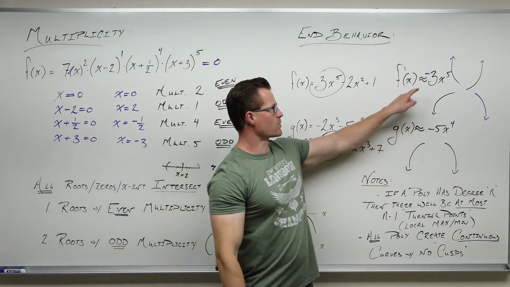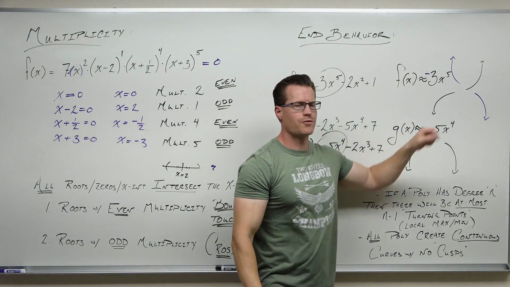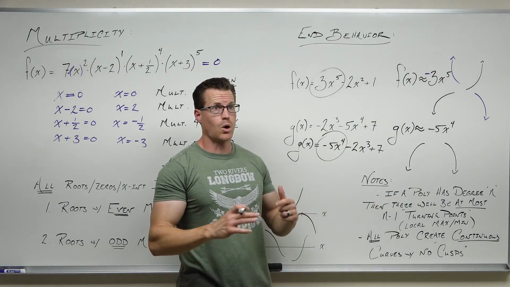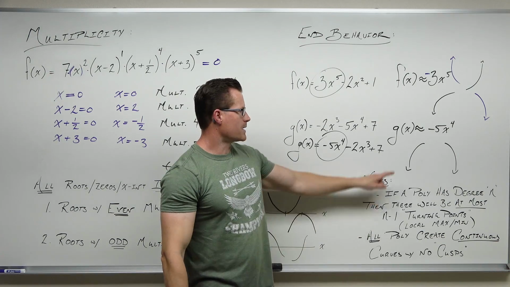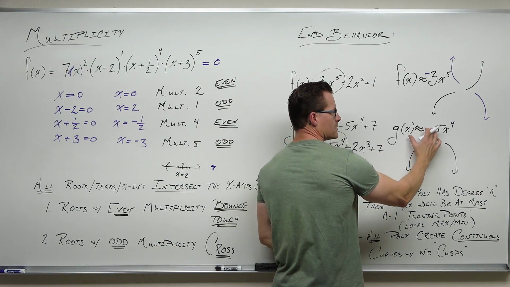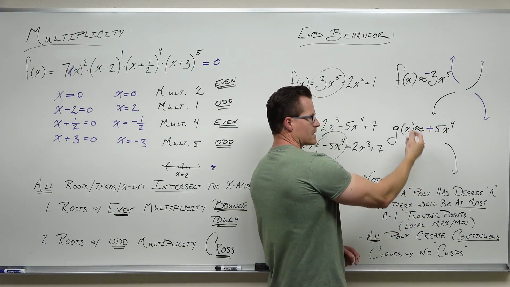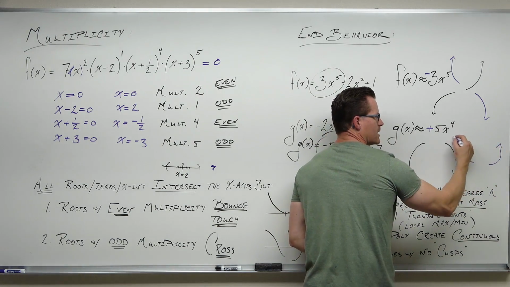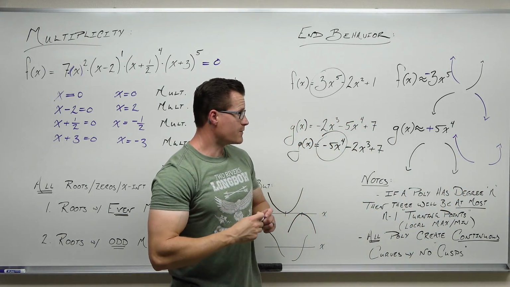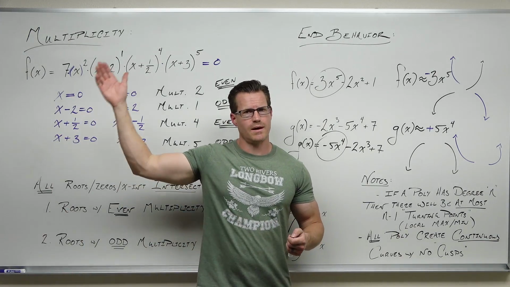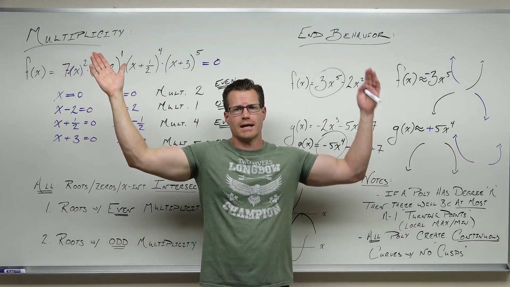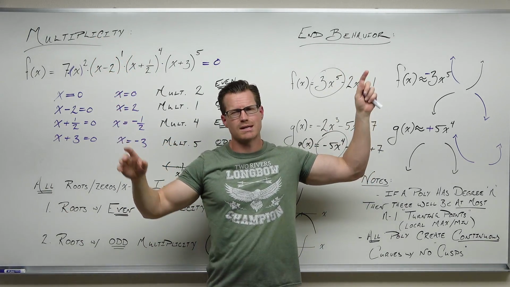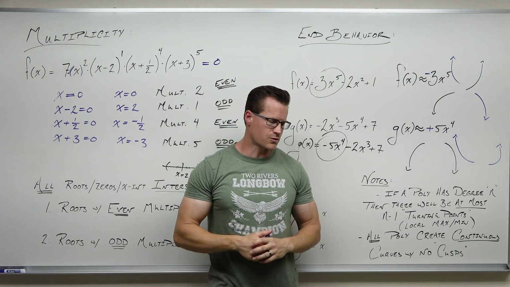I'm trying to color coordinate for you so that the opposite there would reflect your graph. Totally reflect it, actually. Here, if we change this to a plus, then instead of downward, we'd sort of get an upward opening, at least as far as the end behavior is concerned. That would be an even, sure, but positive means you'd come from positive infinity and end at positive infinity, or at least heading that way. That's what end behavior does for you.